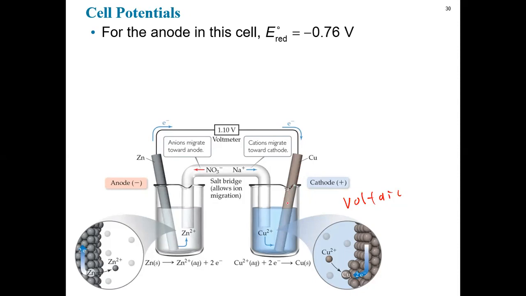Once the electrons accumulate on this copper electrode, the negative charge attracts the copper 2 plus ions, so this reaction happens: copper 2 plus plus 2 electrons become copper solid. So we can see our two reactions. This is a reduction reaction.